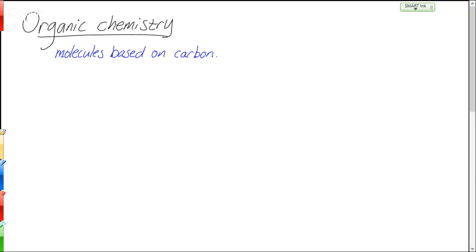All right, so let's look at carbon. Let's remind ourselves a little bit about how carbon behaves. Of course, its symbol is C. How many valence electrons does carbon have? Yeah, 4 valence electrons.